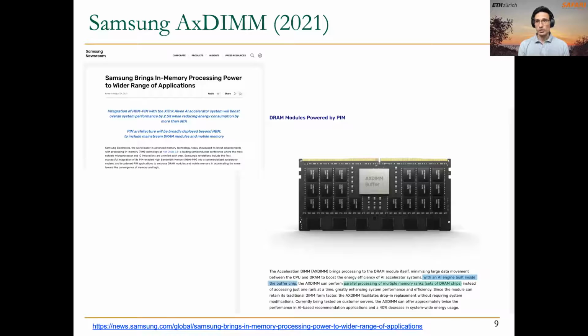The idea of this AxDIMM is to have processing in multiple banks at the same time, exploiting rank level parallelism. In principle, it has been prototyped and tested for recommendation systems, as we are going to see today.